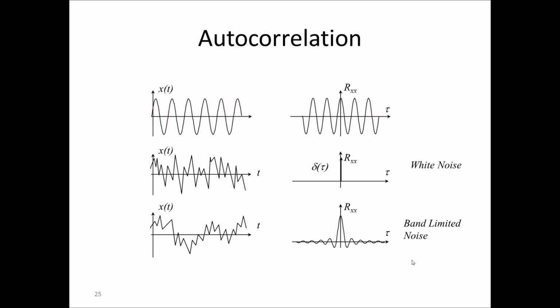But this is unphysical. So in real life, we get the bottom plot here with band-limited noise, or a random signal that only has a frequency content up to a maximum frequency. Then the autocorrelation function is typically a sine x over x signal that we have seen before in this course.